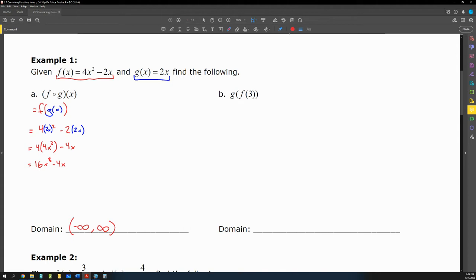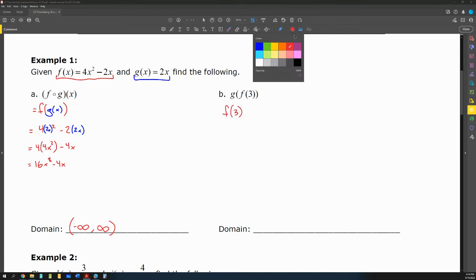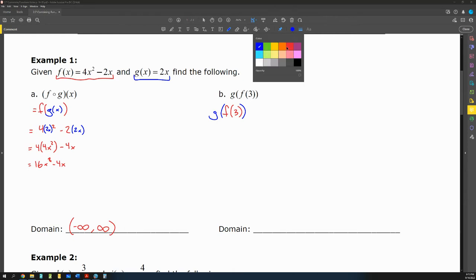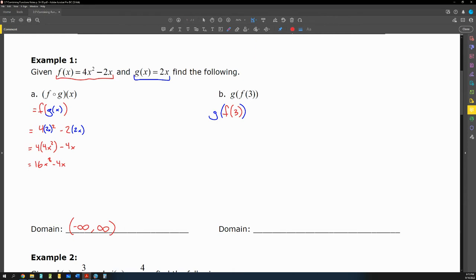Okay? So now let's compose g of f of 3. This is just like finding f of 3, and then we're going to plug it into g of x. So whatever our output is for f of 3 is going to be our new input for g. So we'll start with f of 3.